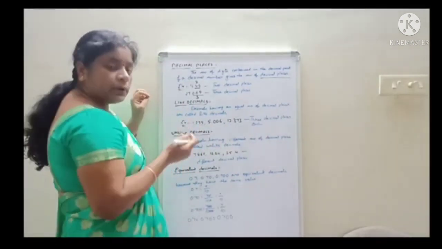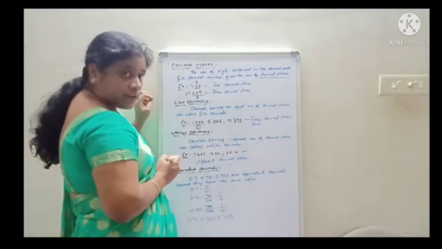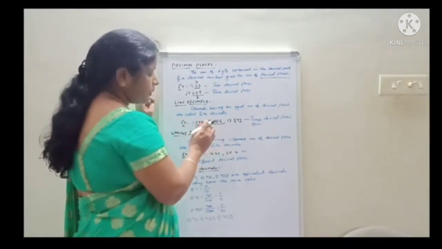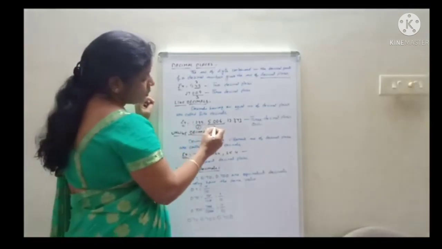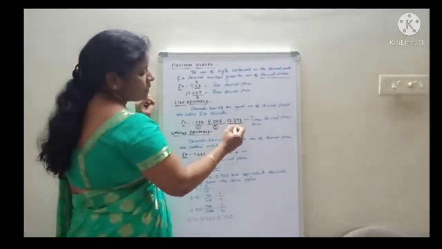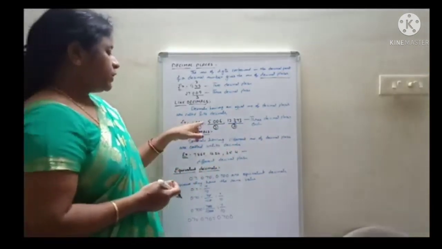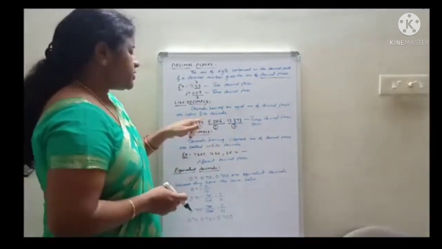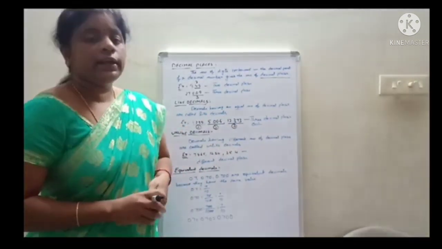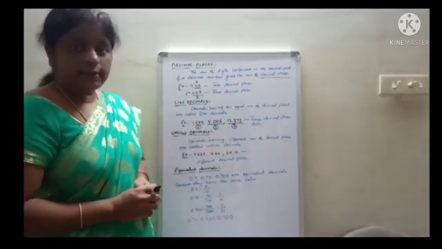After the decimal point, 3 digits are there for the first number. The second number, 5.006, here also 3 digits are there. And 12.373, here also 3 digits are there. So each and every decimal has 3 decimal places. So these all are said to be like decimals.